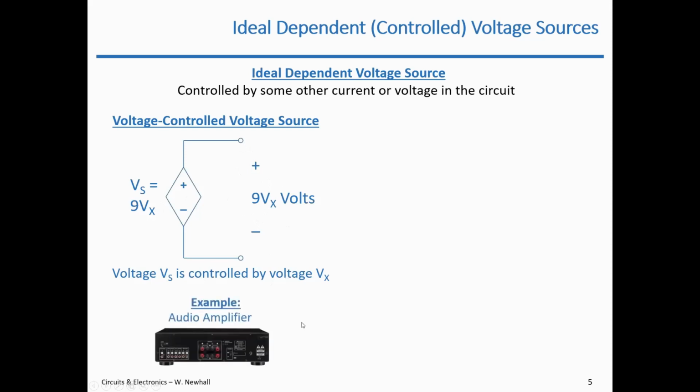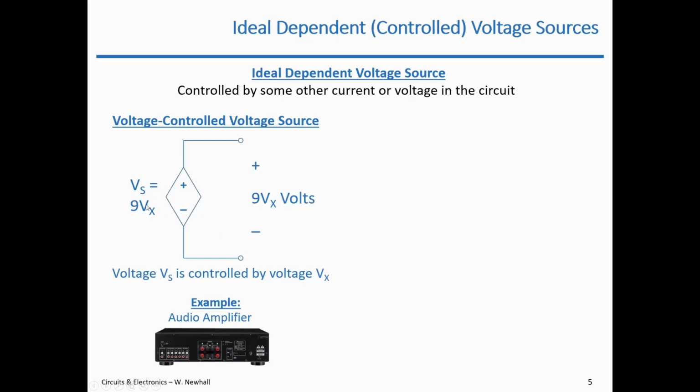An example is an audio amplifier. So think about what an audio amplifier does. It takes an input audio voltage from something like a microphone or an iPhone or an electric guitar. It takes that voltage, makes it bigger, and applies it to a speaker. That's an example of a source. Maybe the speaker is connected to the output here, and maybe Vx is the voltage at the microphone input.